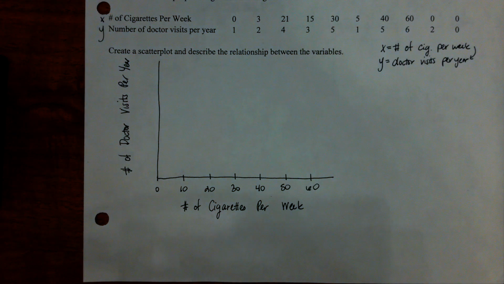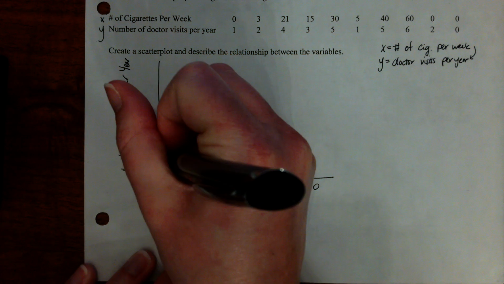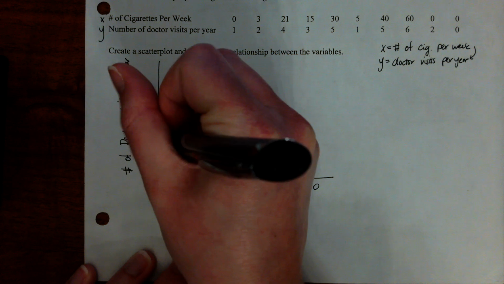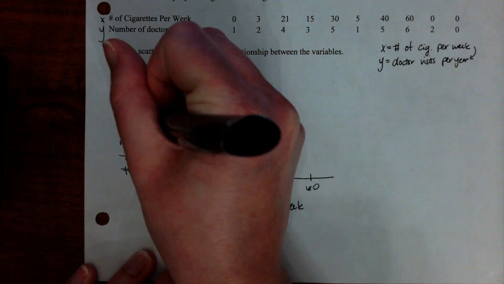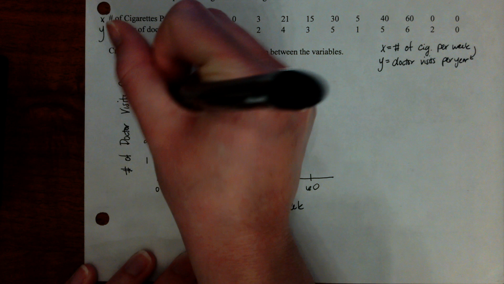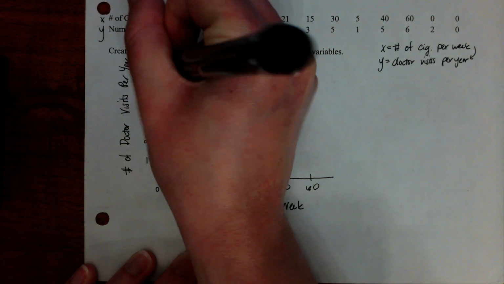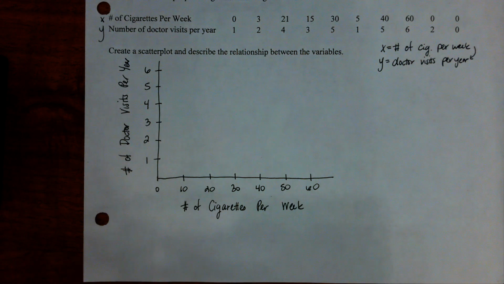And then for our number of doctor visits per year, our lowest is 0, highest is going to be 6. So we can just go up to 6: 1, 2, 3, 4, 5, 6.